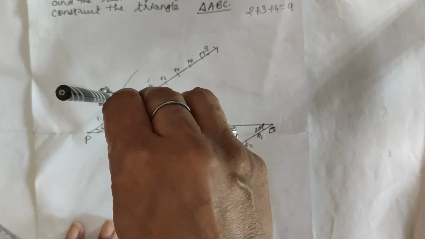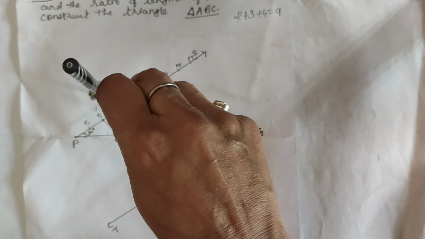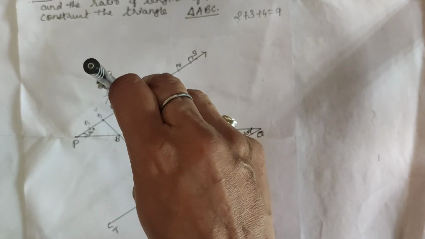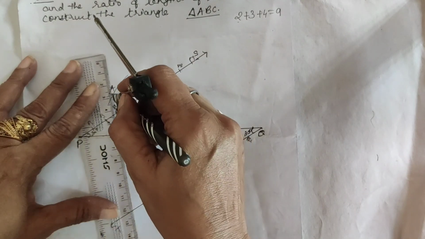Draw another arc; the point where the arcs meet is point A, and now triangle ABC is the required triangle.